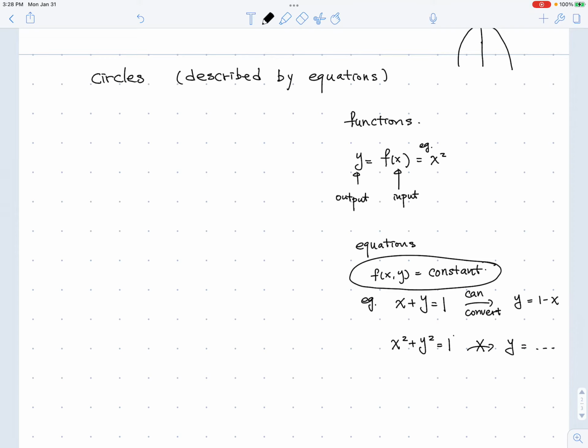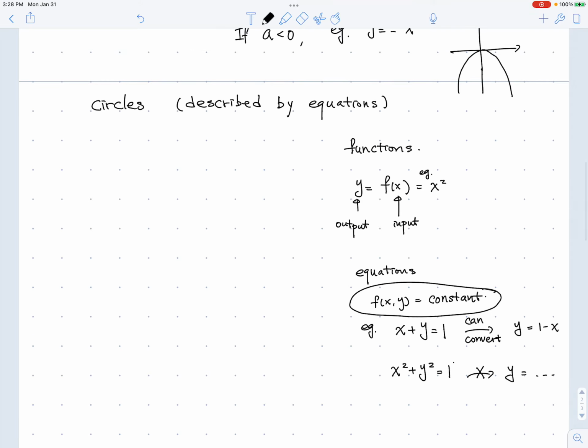So anything in this format is called an equation. All right, I hope this helps a little. But if it's confusing, that's all right. You can just ignore the terminology.